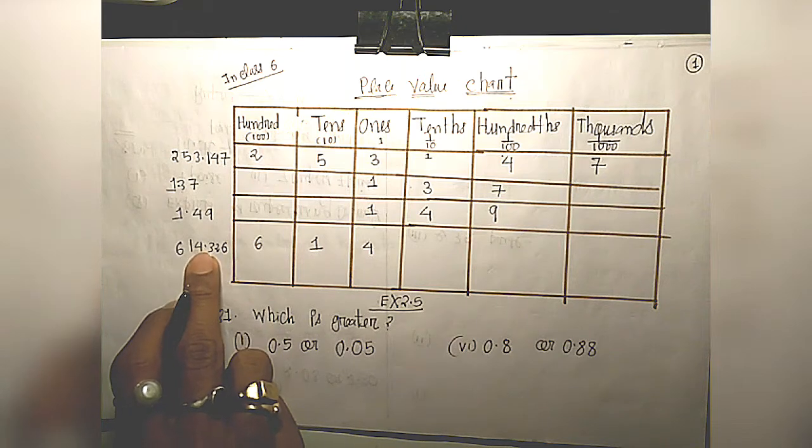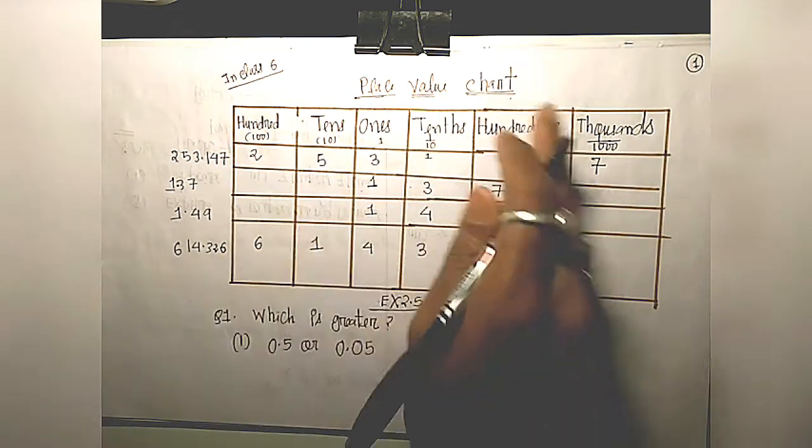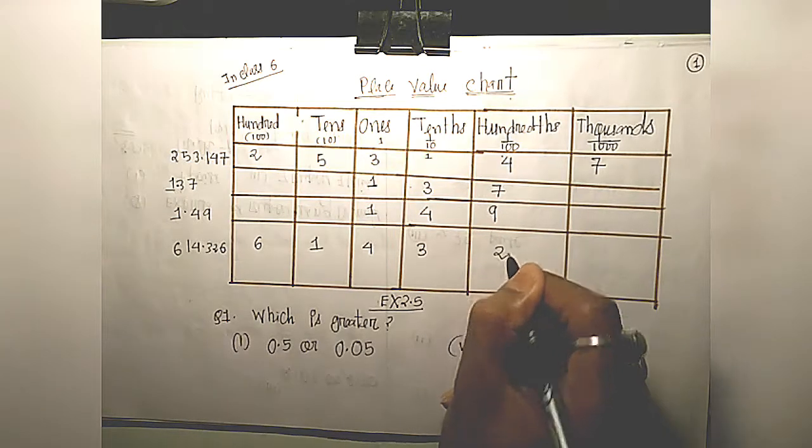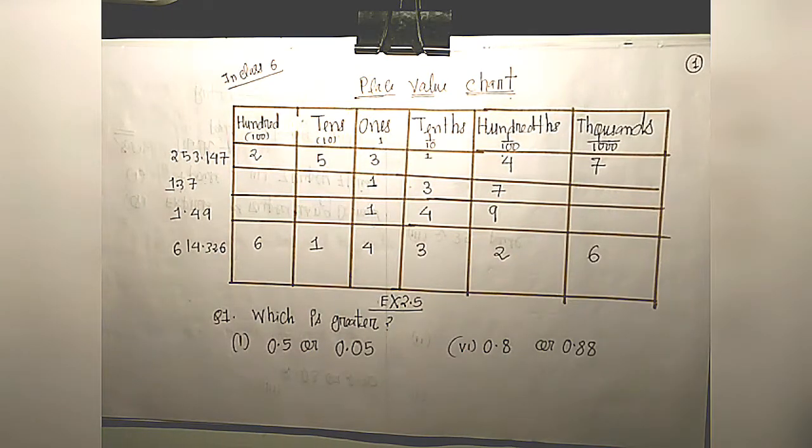After the decimal point, 3 is in the tenths place, 2 in the hundredths place, and 6 in the thousandths place. This we have already learned in class 6.